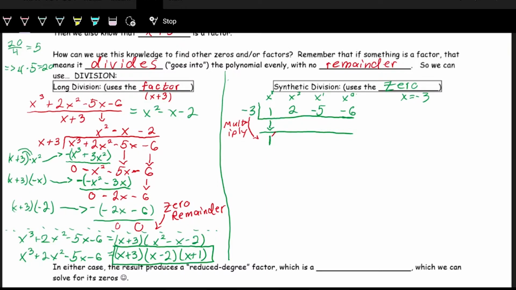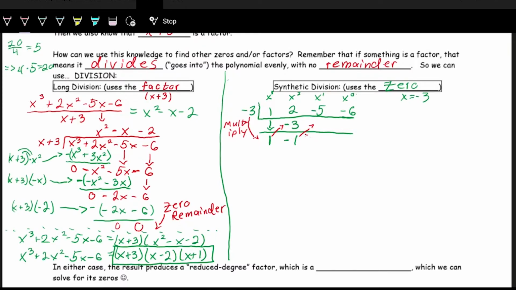When we multiply that, we bring it up here, and we get -3, because we did -3 times 1. Then we add the coefficient with the product result: 2 plus -3, that's -1, and then we multiply again.